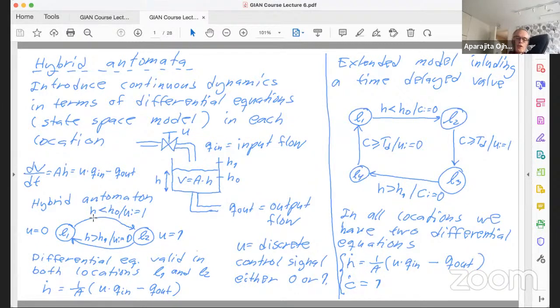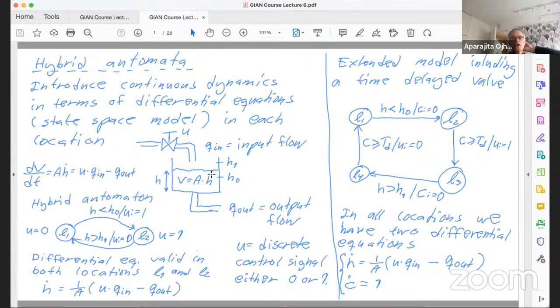Here we can also have guards on our transitions in the same way as we had for the logical variables. We could introduce guards and actions. The interesting generalization here is that now my variables could be continuous, and I could have conditions on continuous variables.